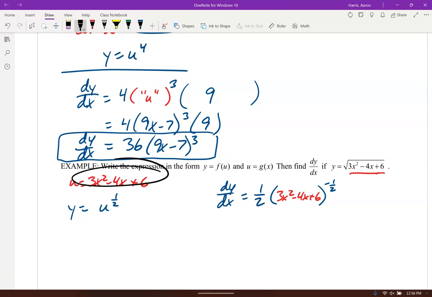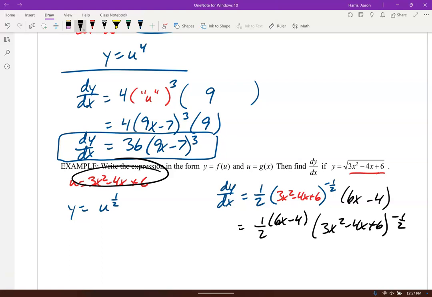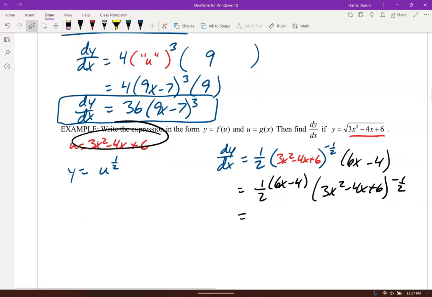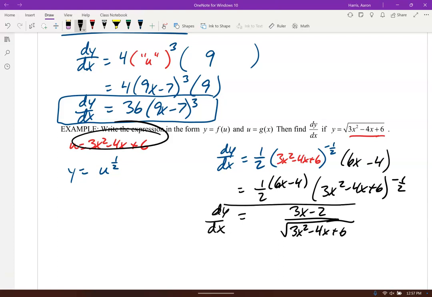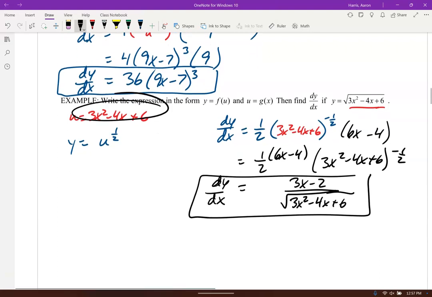I'm taking the derivative of the inside. So 6x minus 4. So I got 1/2 of 6x minus 4. And then I've got this 3x squared minus 4x plus 6, all to the negative 1/2. Well, if I take the half through, I got 3x minus 2, and this is all to the negative square root, so let me just take that down. And there's my dy dx. 3x minus 2 over the square root of 3x squared minus 4x plus 6.